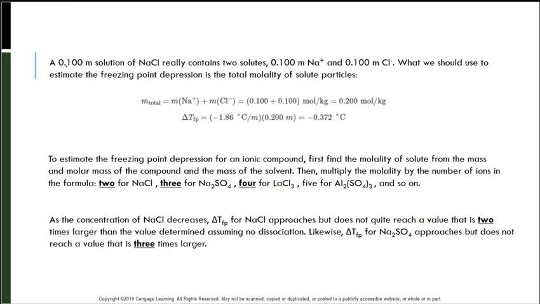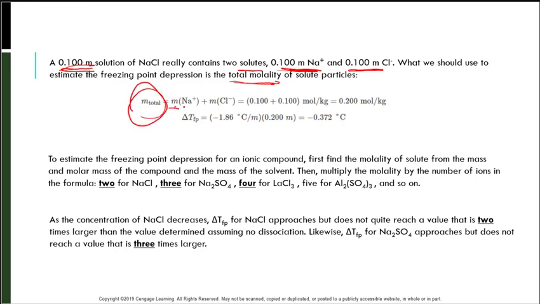If I had a 0.1 molal solution of sodium chloride, that really contains 2 solutes, 0.1 molal of Na+ ions and 0.1 molal of Cl- ions. What we should use to estimate the freezing point depression is the total molality of solute particles. So this shows us our total molality.